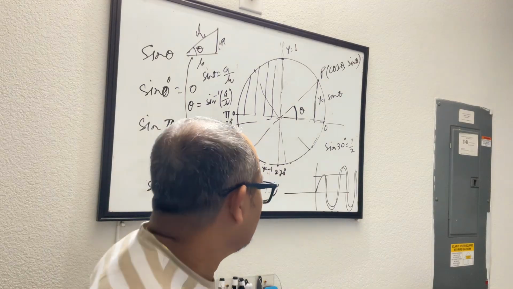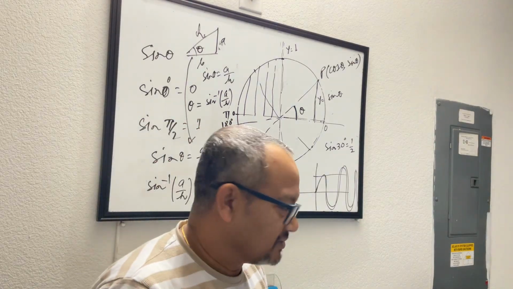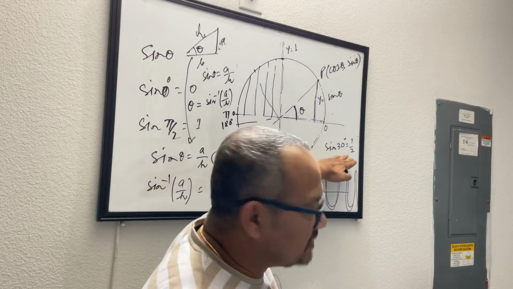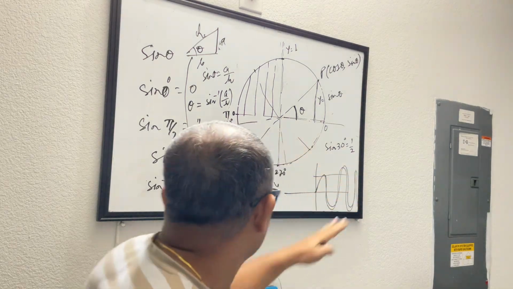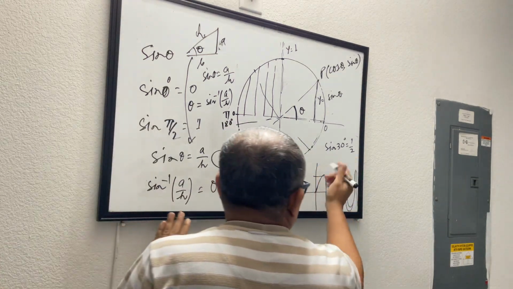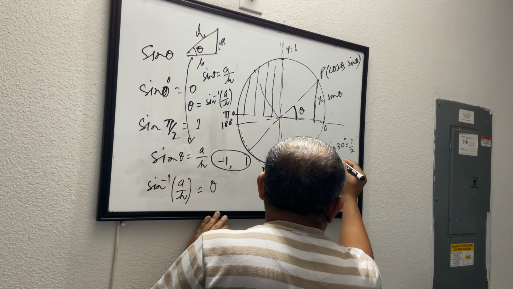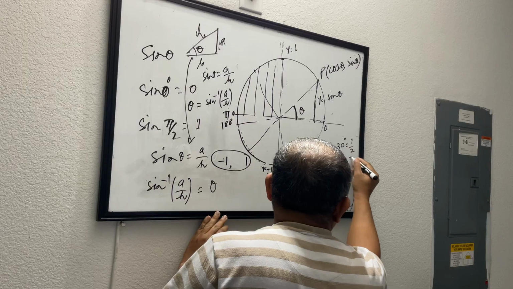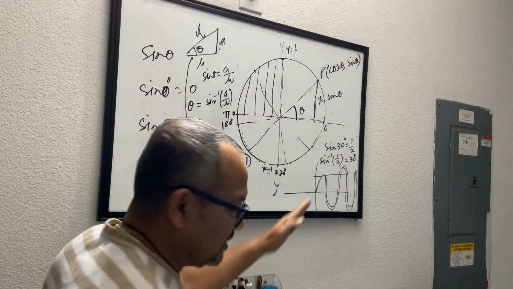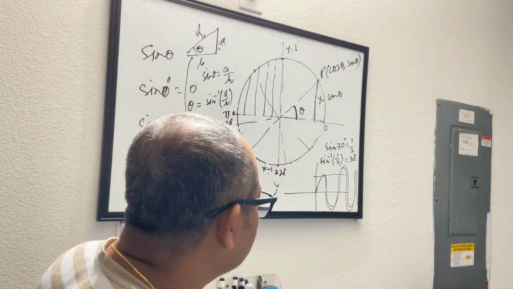Okay, so we will come back to that also. Sine 30 degrees is 1 by 2. So sine inverse of 1 by 2 is 30 degrees, if I go by the definition of an inverse function.